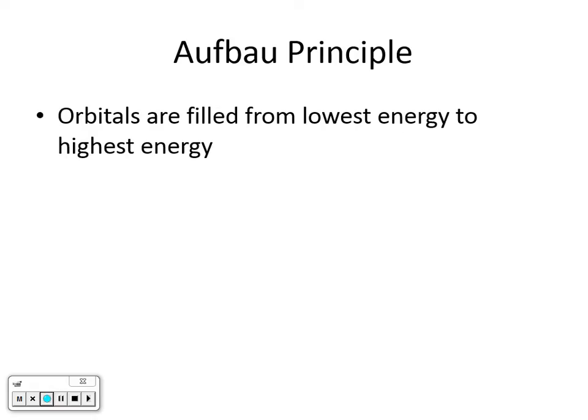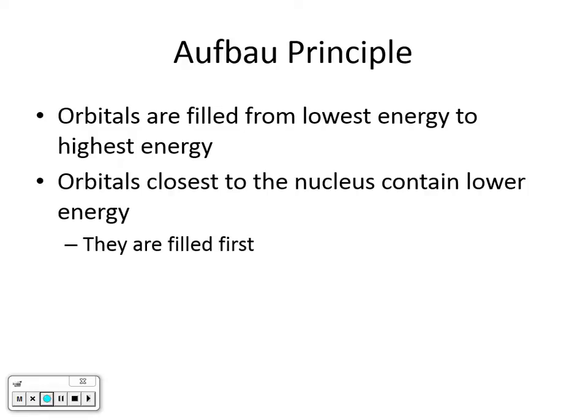Same thing holds true for all of those orbitals that we just drew on that picture. Orbitals are filled from lowest energy to highest energy. And we know from studying what Bohr said, even though his model as a whole wasn't correct, some aspects of his model were correct. So where are our lowest energy orbitals? Closer to the nucleus. Orbitals closer to the nucleus are the ones that have lower energy, and therefore they are the ones that are going to get filled up first.